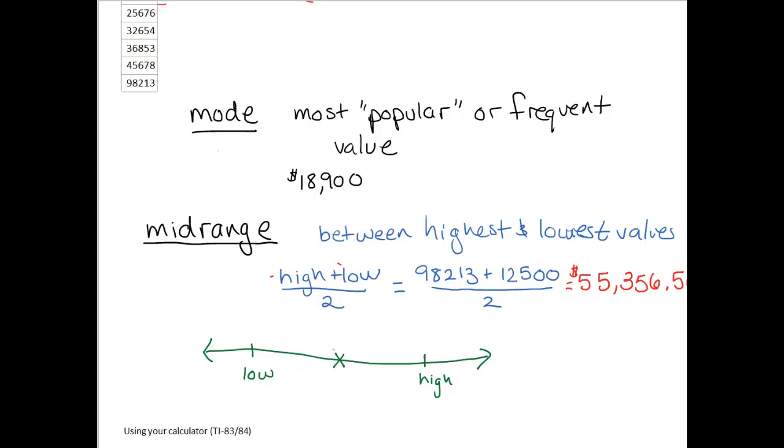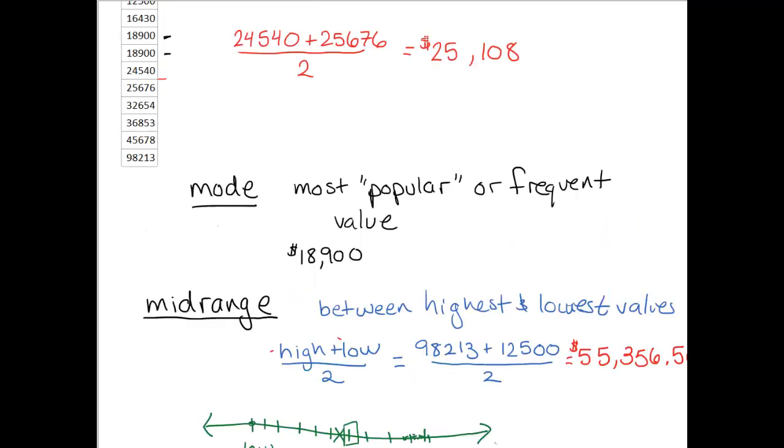Whether your data values are spread out evenly all the way across or not, we could have one low value way down here and then a whole bunch of high values way up at the high end of the range, but our midrange is still going to be right in the middle here. So the midrange only takes into consideration the high and low values, whereas for the median, we're listing out all the values along the number line and then just picking the one that fell in the middle.